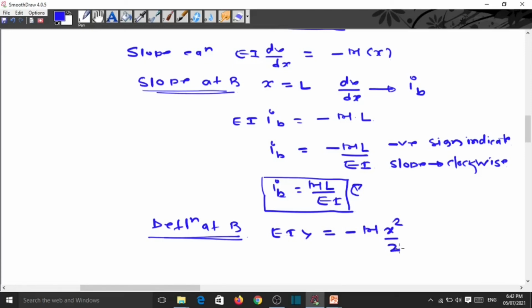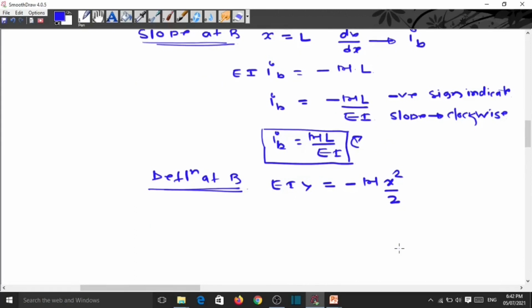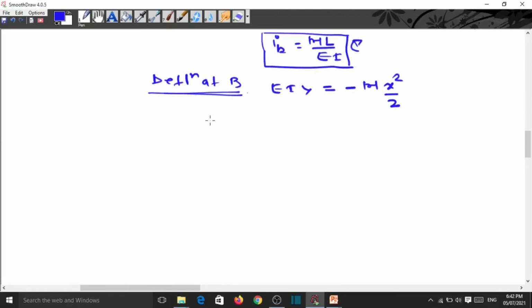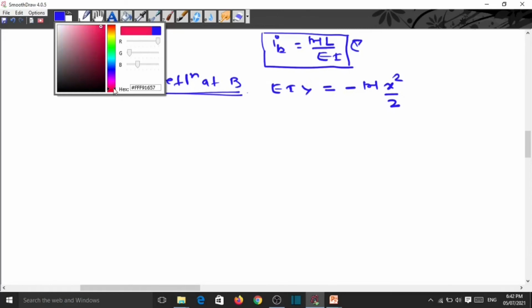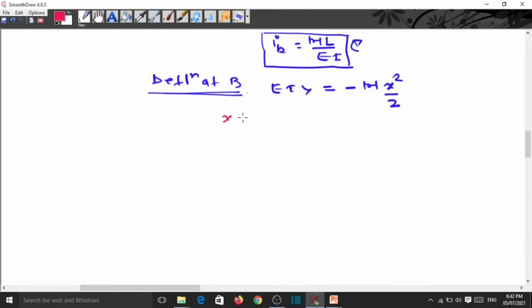We want the deflection at the free end, so we put x equal to L, so this y becomes yB. So EI yB is equal to minus M into L square by 2.